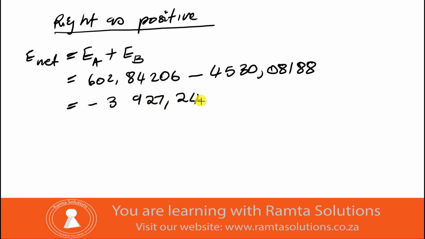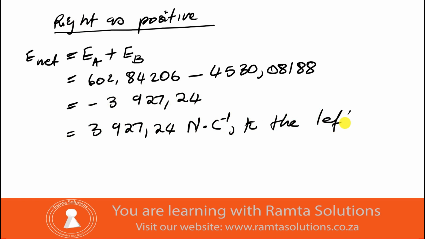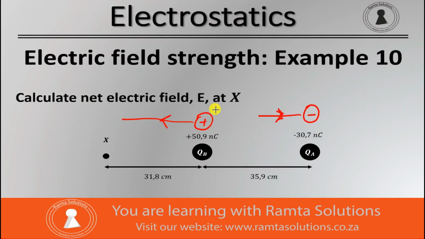I am leaving it to 2 decimal places because this is our final answer. This is 3,927.24 Newton per Coulomb, where you can see your answer is negative, and we said to the right is positive. So we will say it is to the left. This is us calculating the electric field at X due to these two objects.